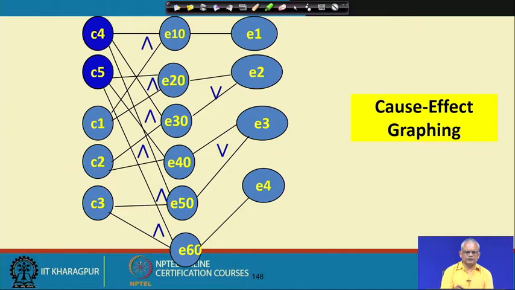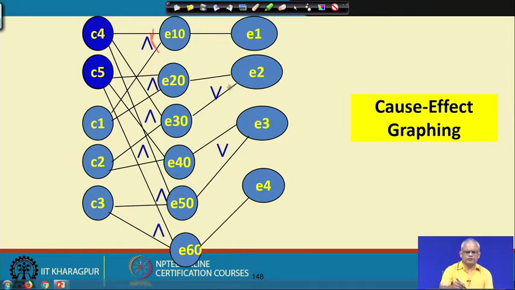For example, if it is less than 1 lakh and it is less than 1 year, we write an AND symbol here to show that this is the constraint that both these conditions must hold, and then the corresponding effect or the action is E 1.